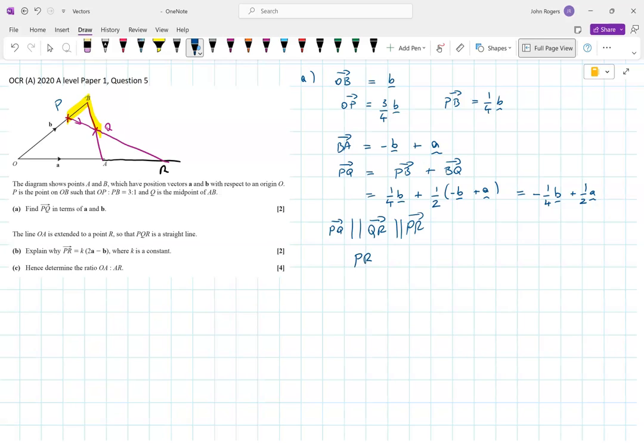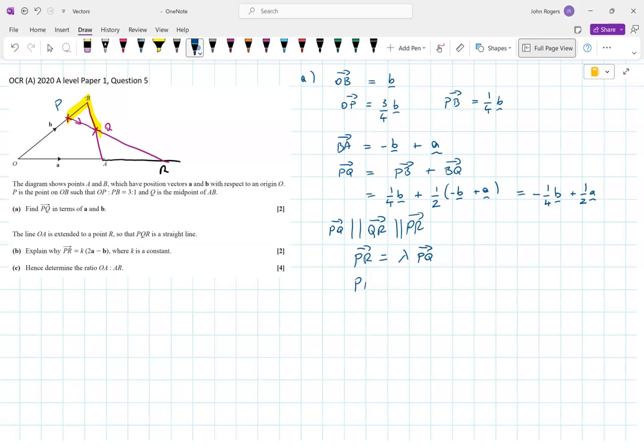So we can say that PR is some constant times PQ, because they're going in the same direction. Now, I'm not going to use the term K because I suspect they're going to work out as a different constant. So I might just call it lambda. So PR is equal to lambda times PQ.